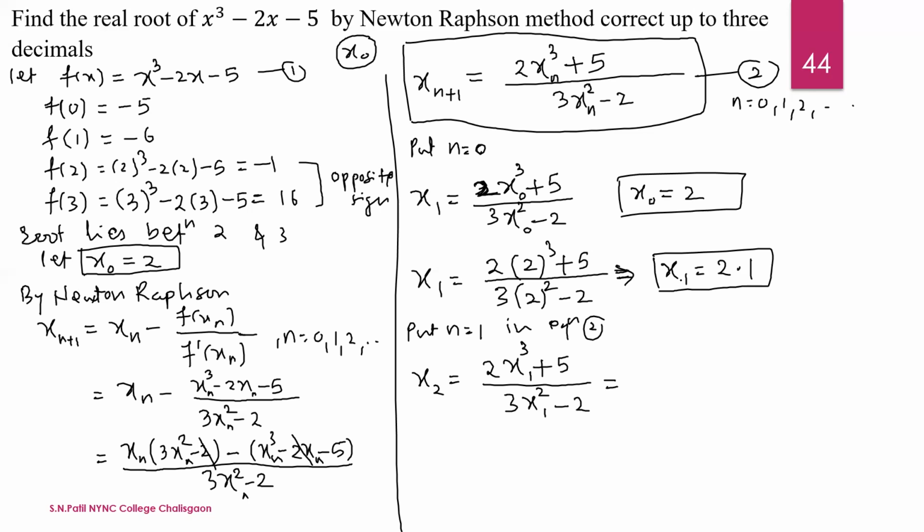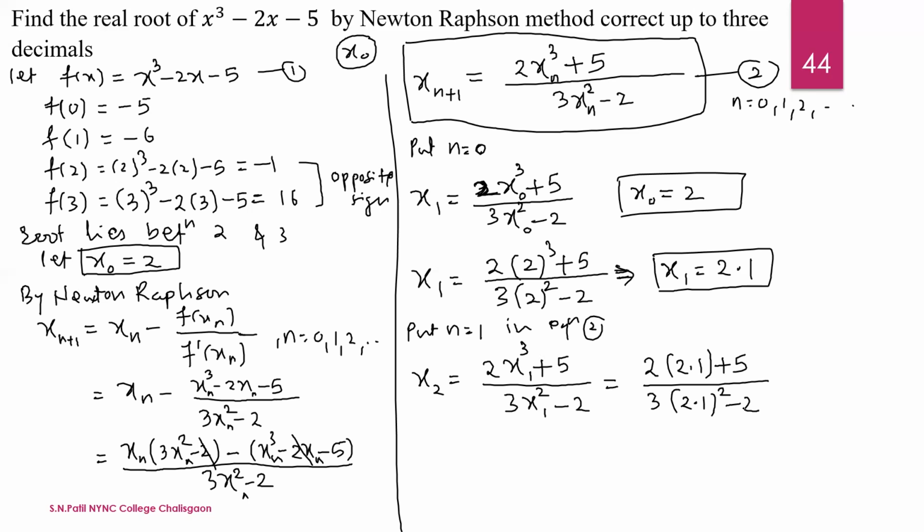Now substitute the value of x1, that is 2 times 2.1 cubed plus 5 divided by 3 times 2.1 squared minus 2.